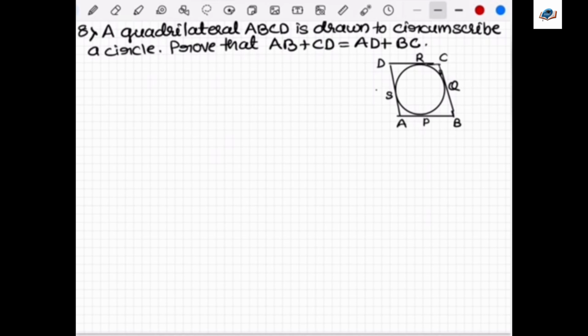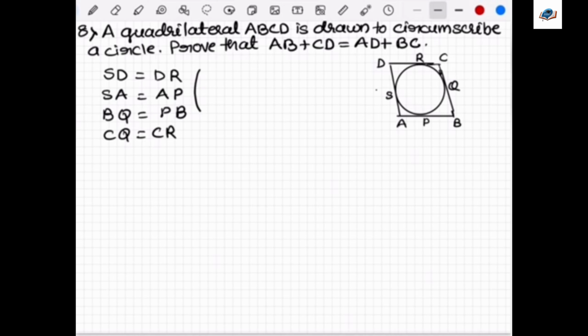So now seeing this, I can say SD equal to DR, SA equal to AP, BQ equal to PB, and CQ equal to CR. The reason for them is that they are tangents. So just now before we saw theorem 10.2, so using that I got all these four equalities.